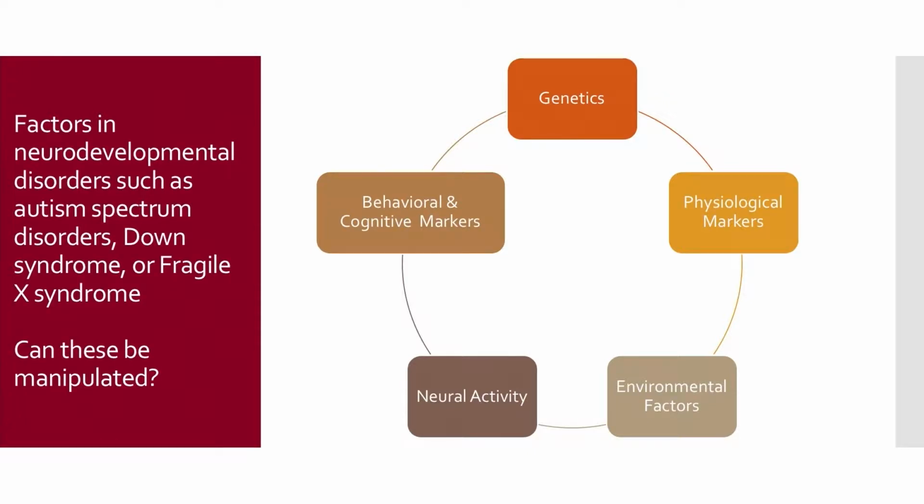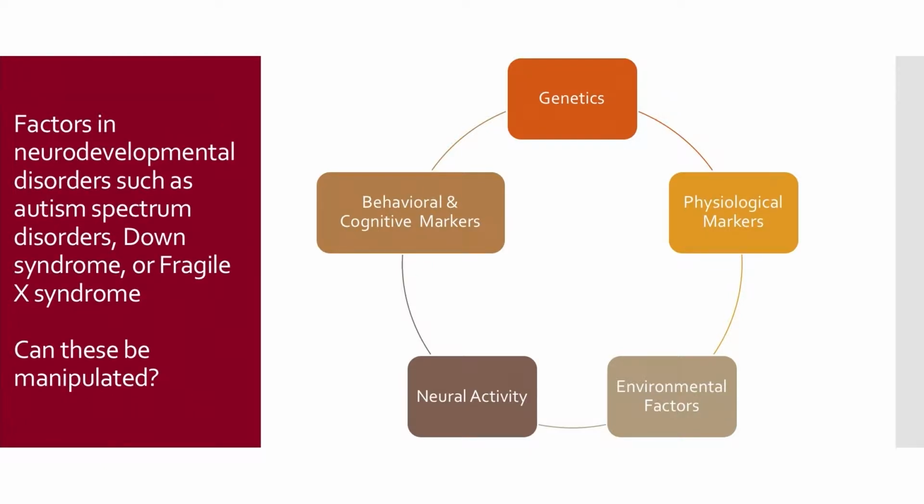It could be environmental factors that we know lead to developmental delays, such as lead poisoning. It could be something happening at the neural level in terms of cellular activity. It also could be behavioral cognitive markers, things that we actually observe and see that help us figure out whether an individual, in my case looking at children, has a developmental disorder.